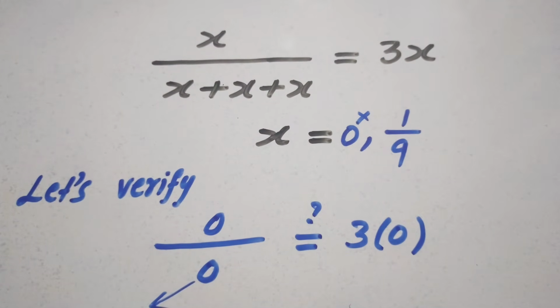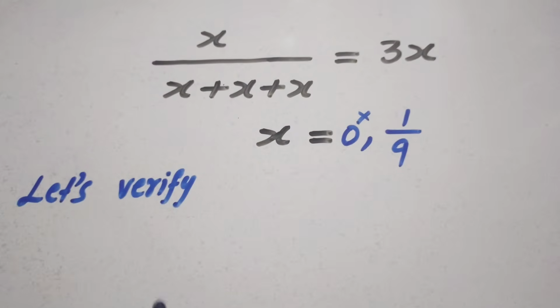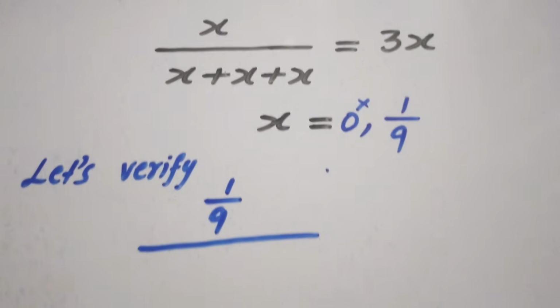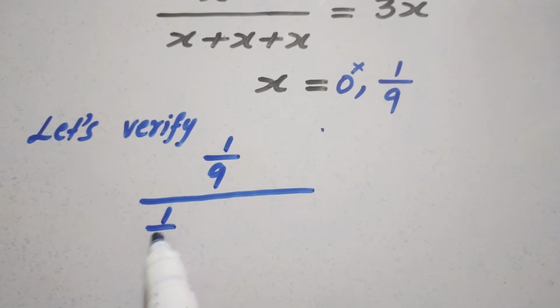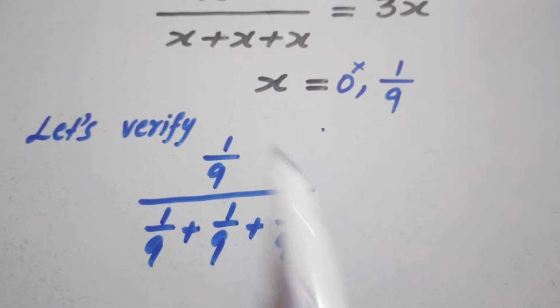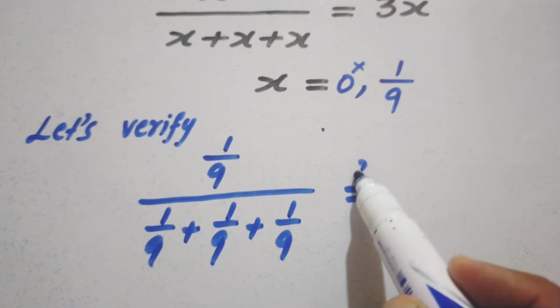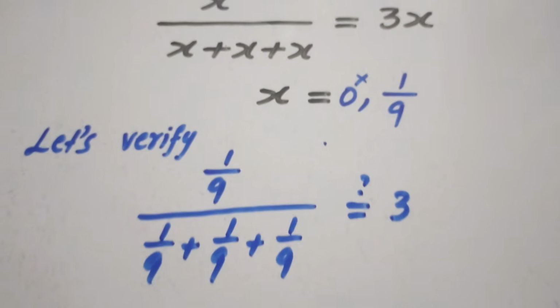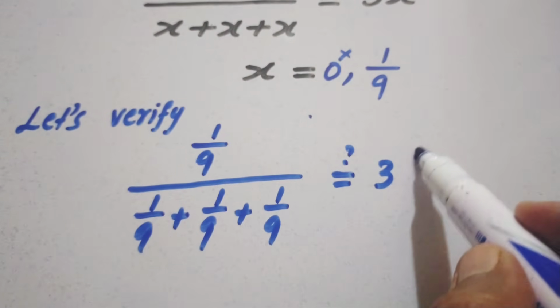Now we will check whether the value of x, which is 1 by 9, is valid or invalid. Putting the value of x which is 1 by 9 here: 1 by 9 divided by 1 by 9 plus 1 by 9 plus 1 by 9, because here x plus x plus x, whether it is equal or not equal to 3 into x which is 1 by 9.